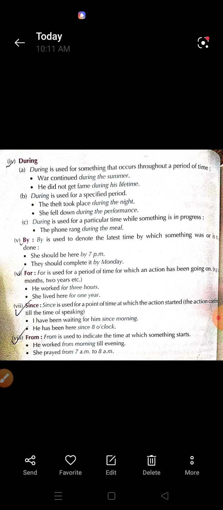So you can't write he worked since morning to, no. He worked from morning till evening. She prayed from 7 a.m. to 8 a.m. So we use from to indicate the time at which something starts and finishes at some other point.